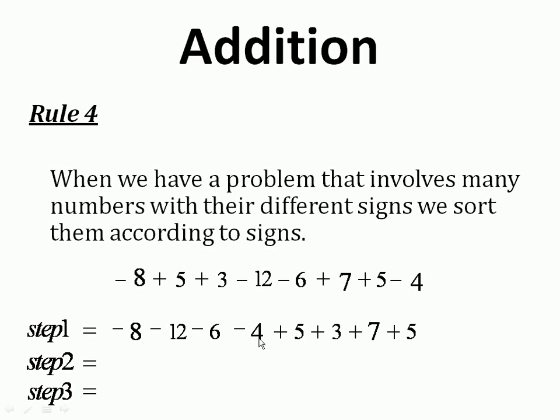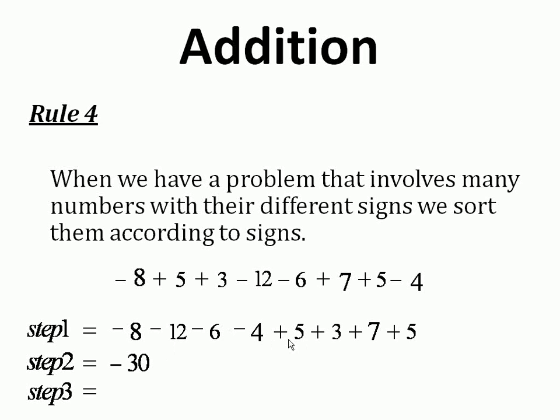They are all negative. So if we add all these numbers that are negative together, we are going to get a negative answer. So let us add them together. We get 8 plus 12 is 20. 6 plus 4 is 10. So the answer is a negative 30.